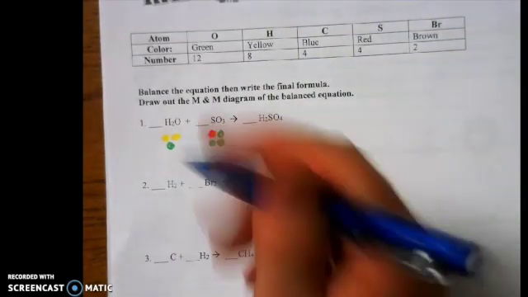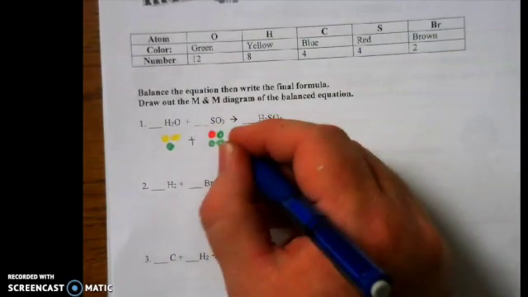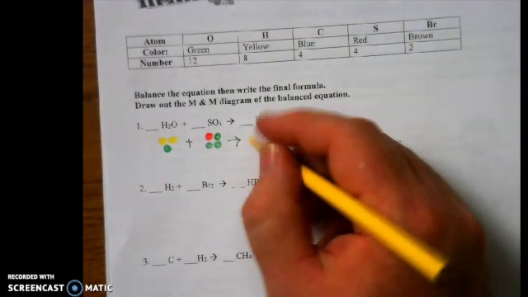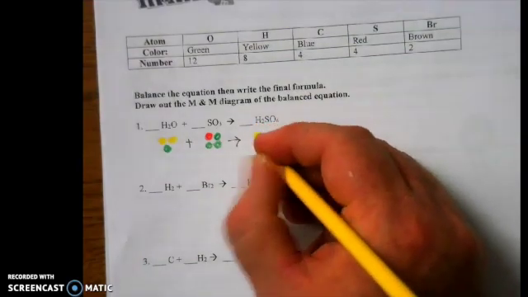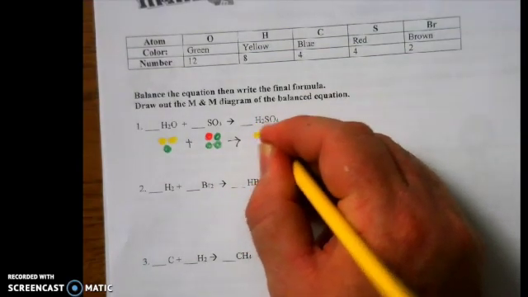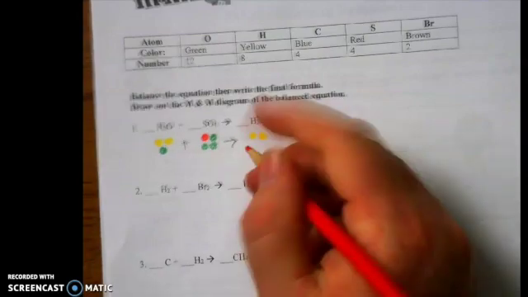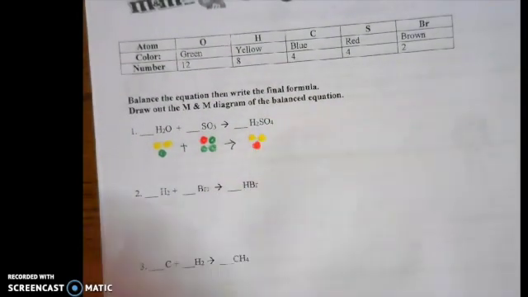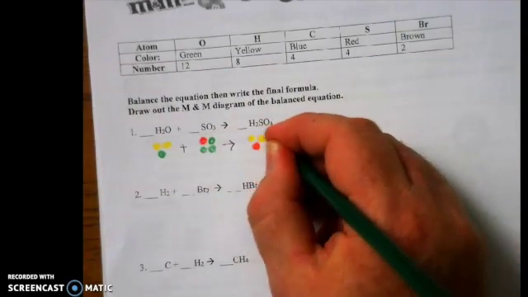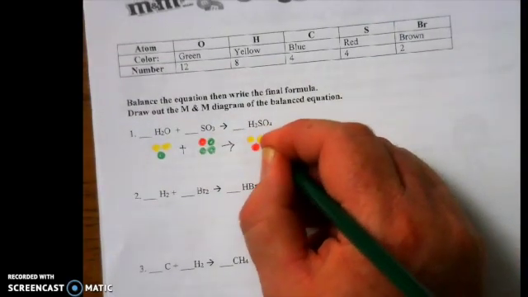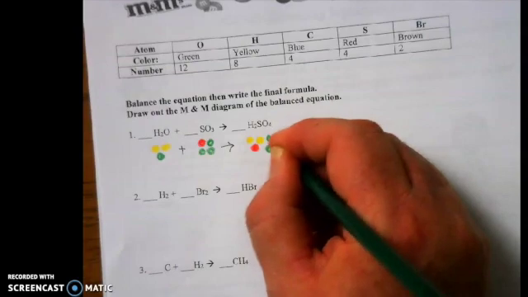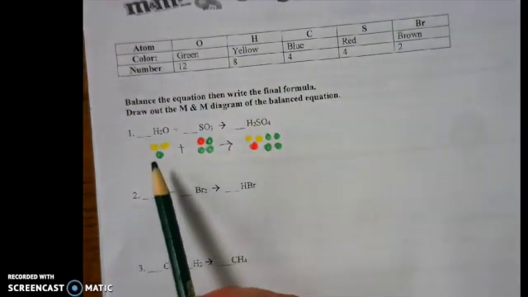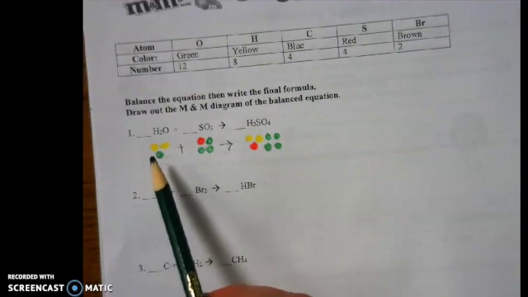So when we combine those, yield H2SO4. So 2 H's again, 1 sulfur, and 4 oxygens. And even though that looks complicated, when we count them up, it looks like they're all balanced already for us.